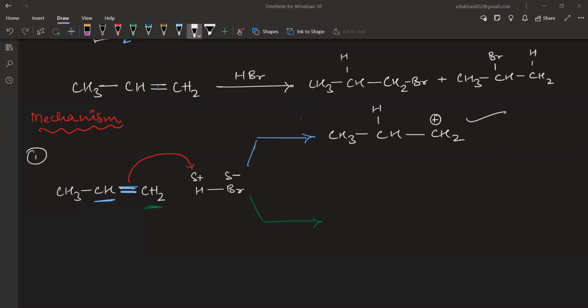Khalil, I think you missed the positive charge, right? On the second carbon. Or have you drawn it? Everything else is fine. No problem. Don't worry. Everything else is fine. Khalil has sent once again. Now it is perfectly fine.